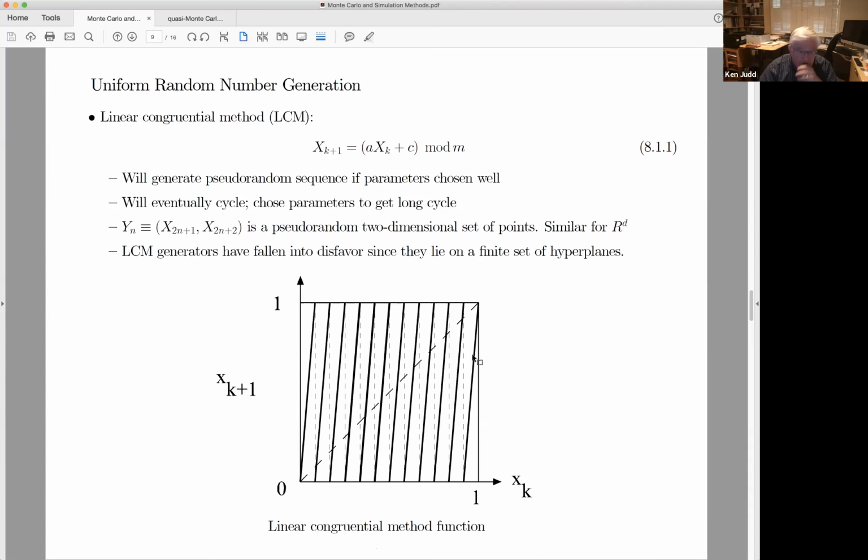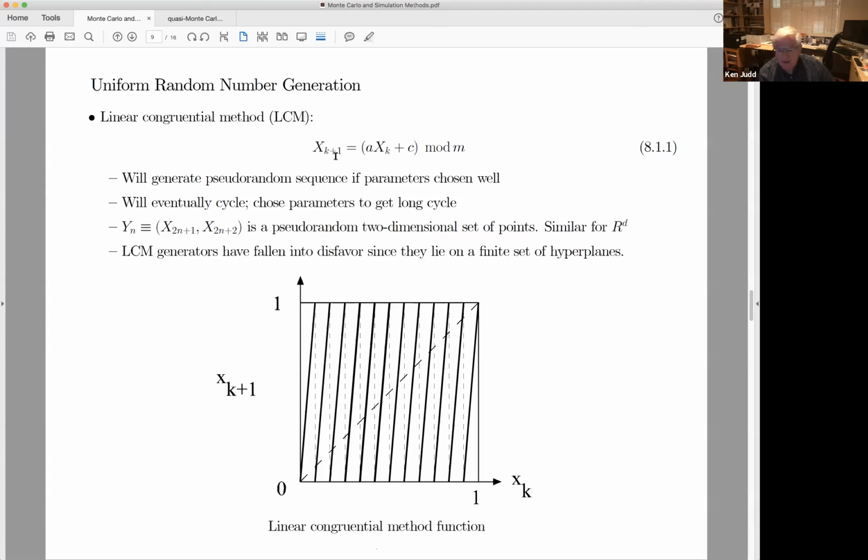Here's an example of one kind of uniform random number generator. Linear congruential method. The k+1 draw is equal to a times the kth draw plus c. And this is done in integers, then you mod, and then it's mod m. So this will be a sequence of integers that will generate a pseudo-random sequence if you choose A and C and M well.